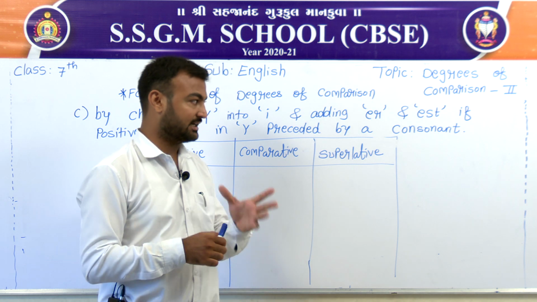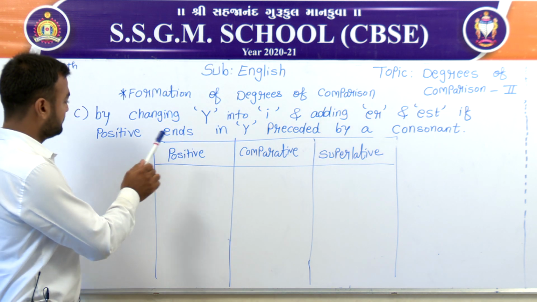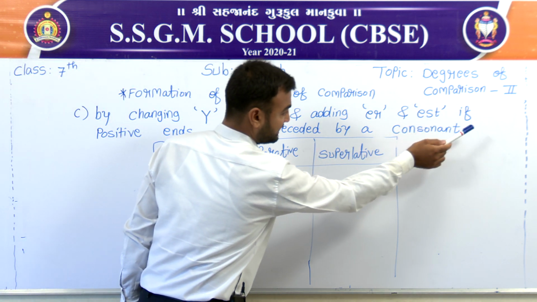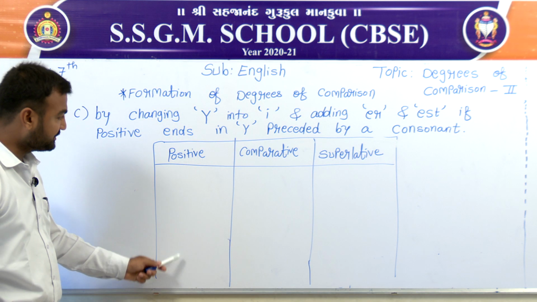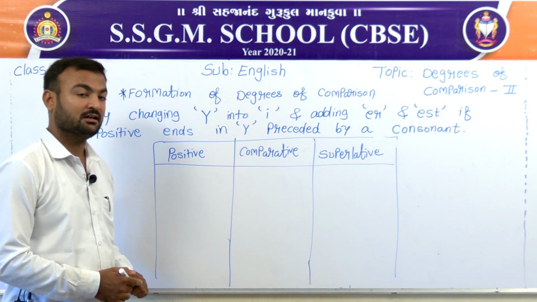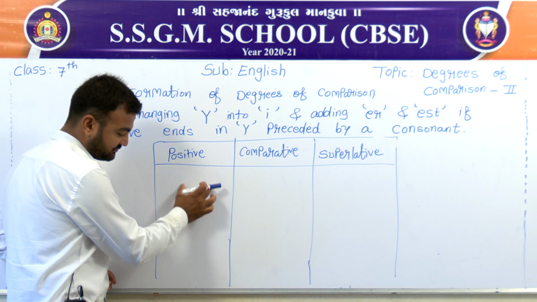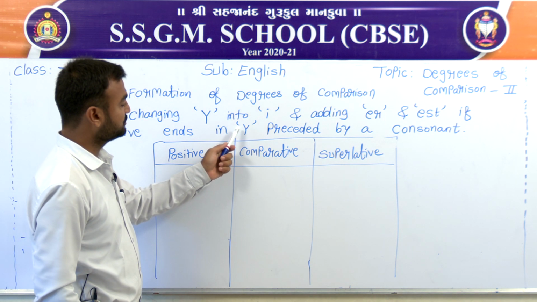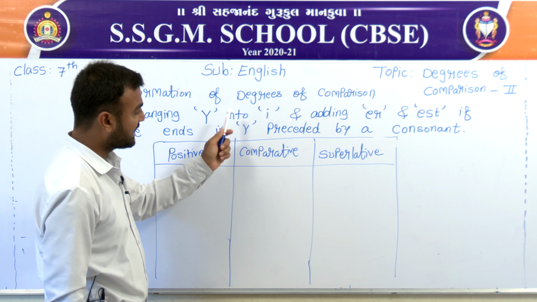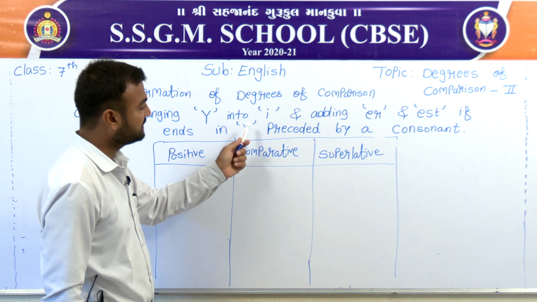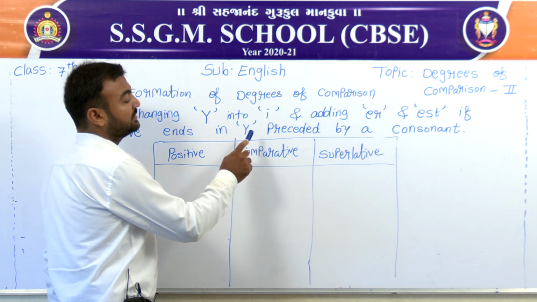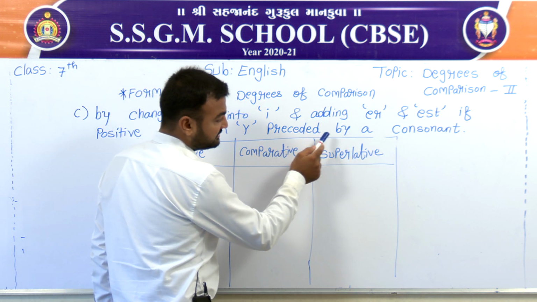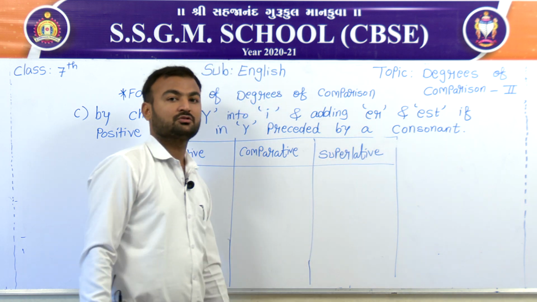As already written over here, if the positive degree ends in y, then we remove y, add I before that, and then add ER and EST. But we can do this only when y is preceded by a consonant.